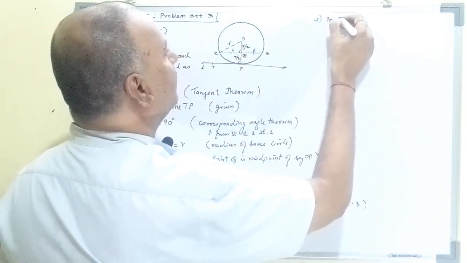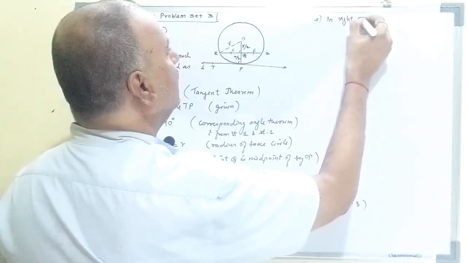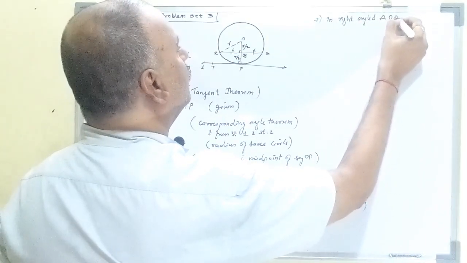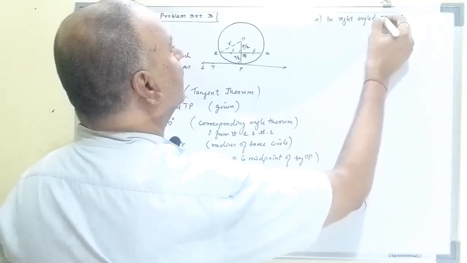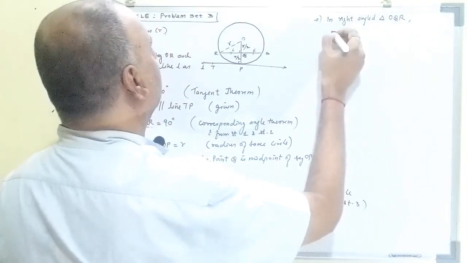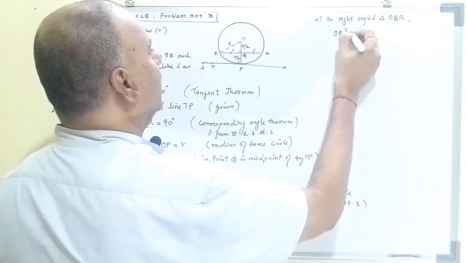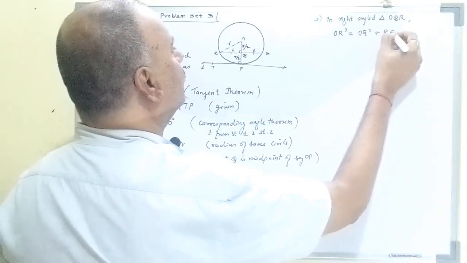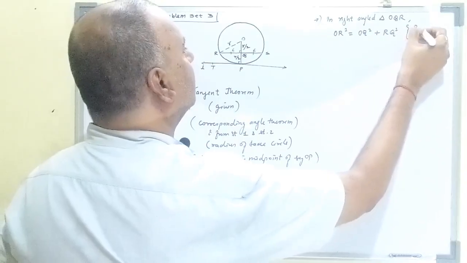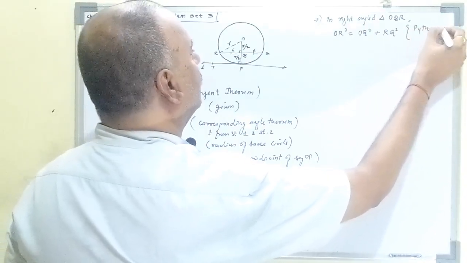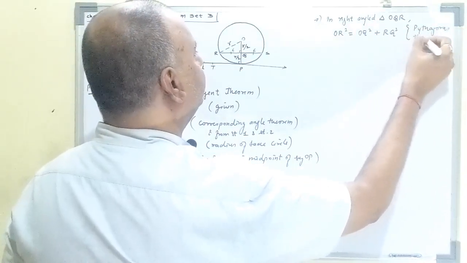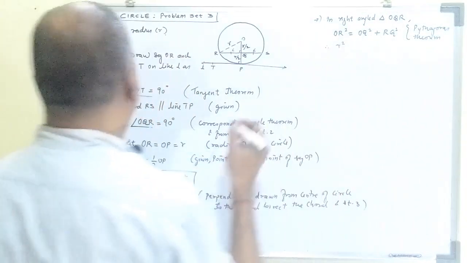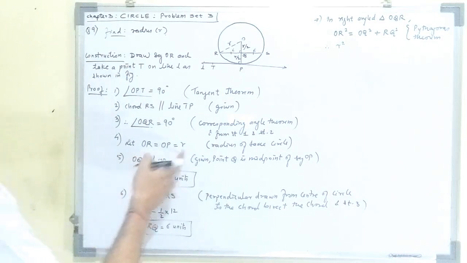Therefore, in right angled triangle OQR, OR square equal to OQ square plus RQ square. Reason? Pythagoras theorem. OR कितना है? R square. देखो OR is R.